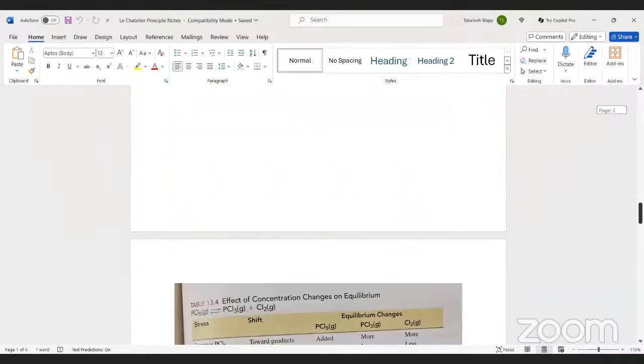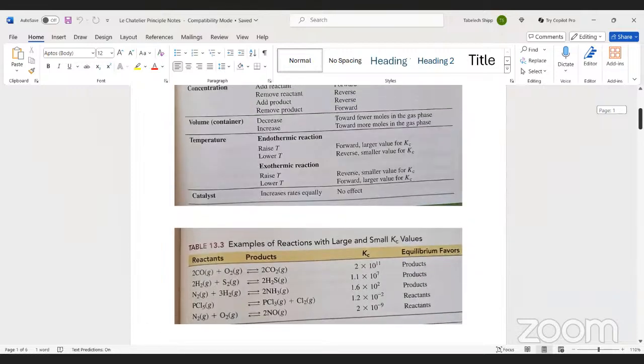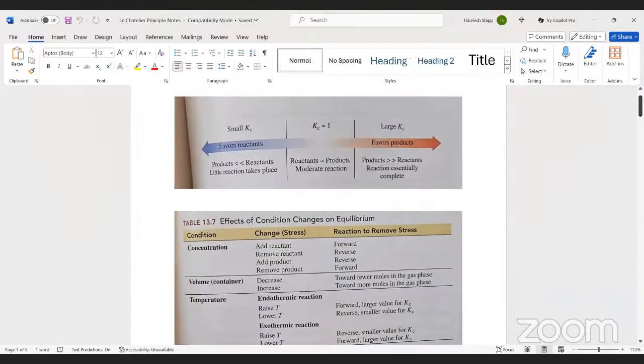So, Grace, I did several of these problems here with Le Chatelier's principle, but there is one in which I actually went over this chart. Because I am running out of time, what I'm going to recommend is that you go in and see this chart.